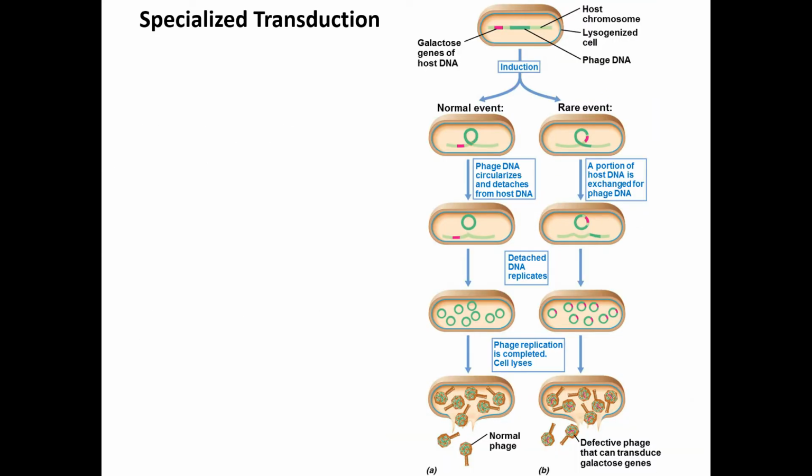Alright, so here, looking at a little bit clearer example. You have host cell DNA in light green. In dark green, you have phage DNA. And in pink, you have DNA for galactose genes.